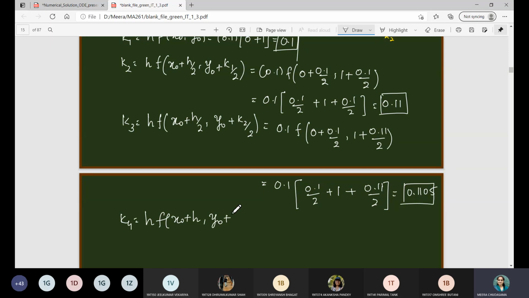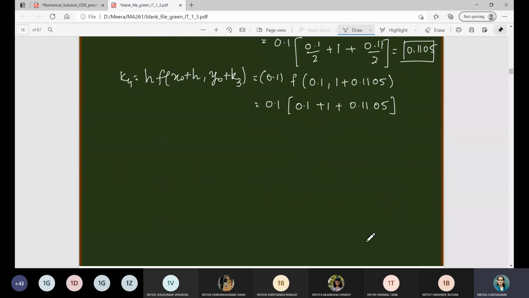Similarly, y0 plus K3. So this is nothing but 0.1 into f of x0 is 0, h is 0.1, so addition is 0.1, y0 is 1 plus K3 is 0.1105. So this is 0.1 into 0.1 plus 1 plus 0.1105. What will it be?